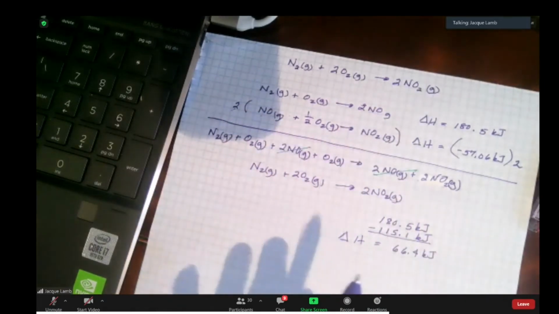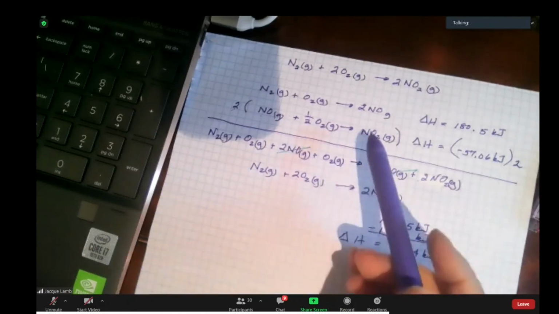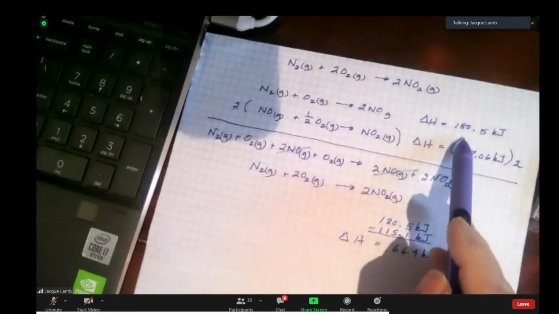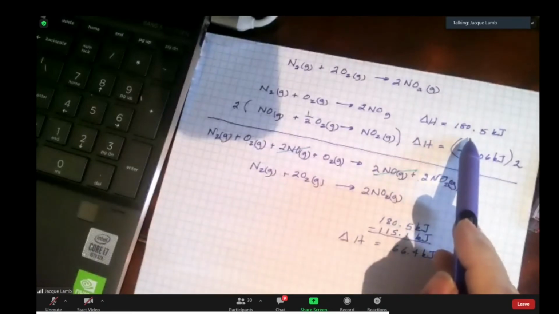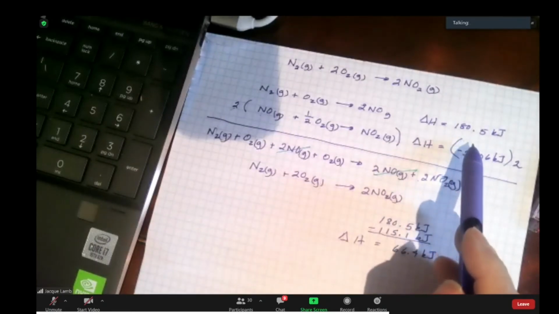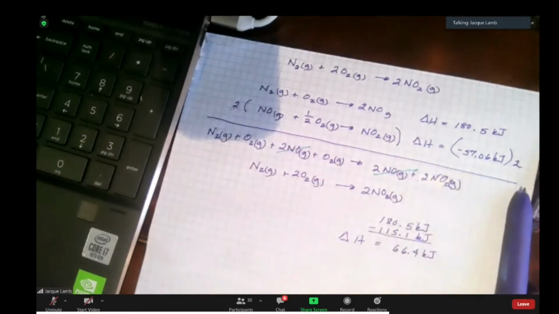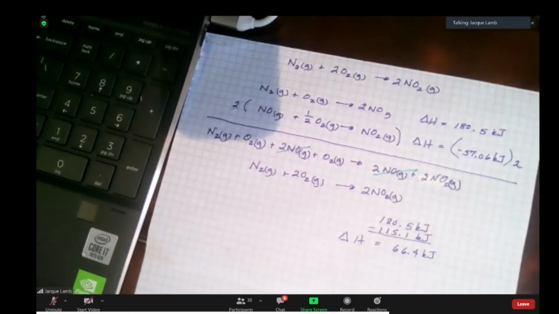You can also be asked to reverse an equation. If you have to reverse an equation in order to get where you want to go, remember that the sign of delta H reverses as well. The number stays the same, but the sign reverses. So you could be given problems where you have to reverse delta H.